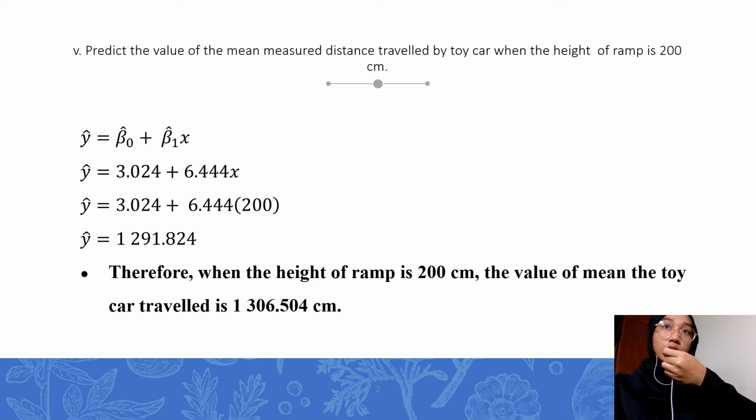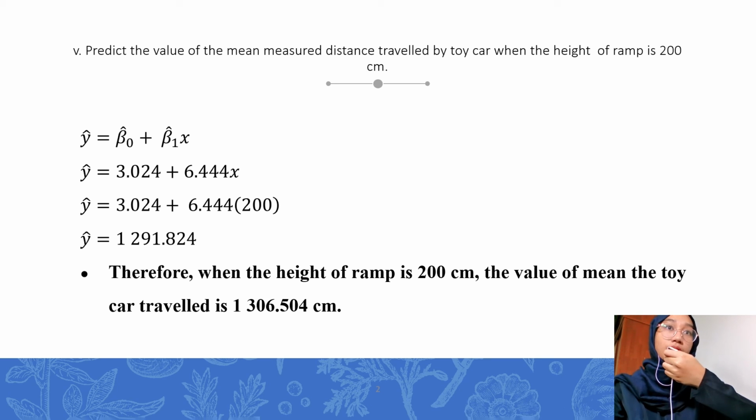Based on the equation, we know that x is equal to 200 centimeters. The values of the population slope and the population y-intercept, we can get from the equation in question number 4 before. Then just put the values into the equation.